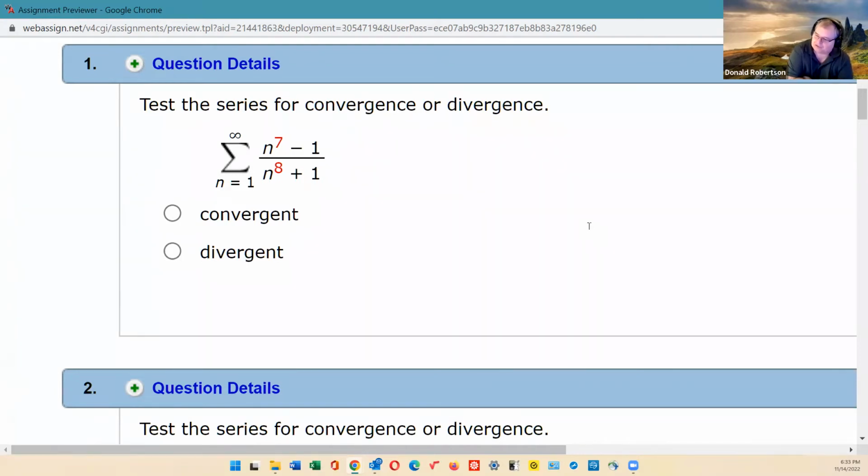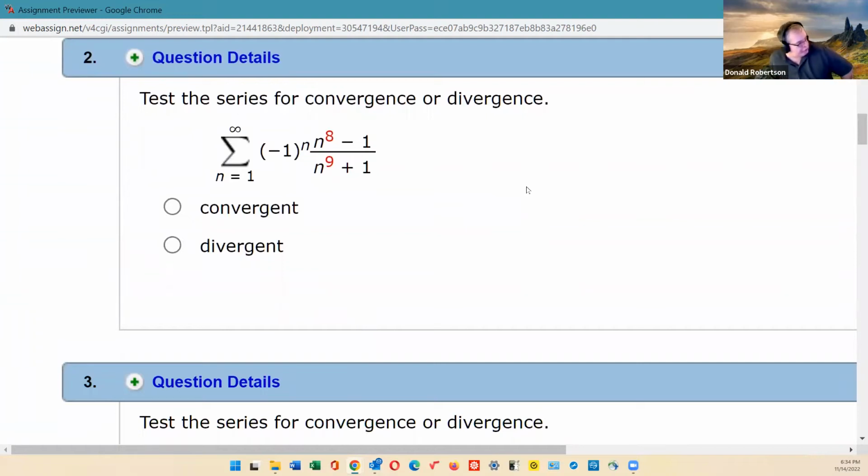If you ever get a series that's made up of only powers of n, like n squared plus 1 on the top and n cubed plus 2n on the bottom, when you see that situation, you should be looking at a limit comparison test. So write down number 1, limit comparison test, LCT, and I believe it's divergent.